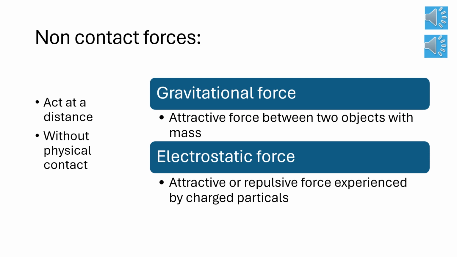What is gravitational force? Let's say you are holding a board marker in your hand, and you raise it up to some height, and then you release it. That board marker comes downward to the surface of the earth. So now there is no physical contact between the earth and the board marker when it is at some height.